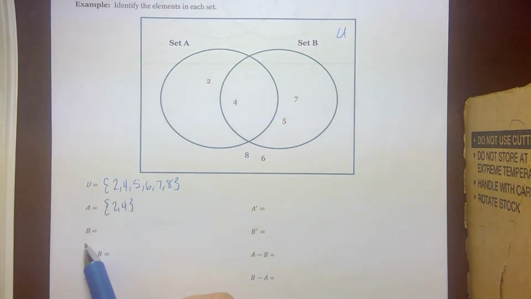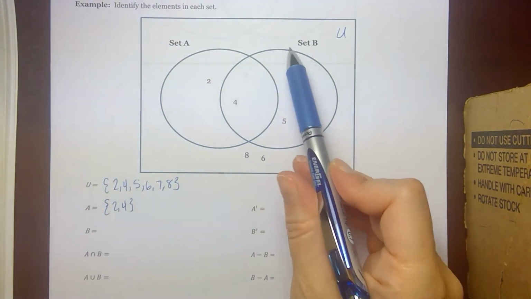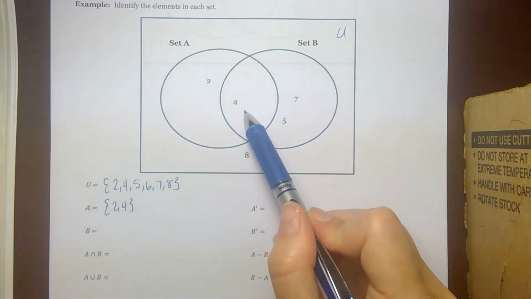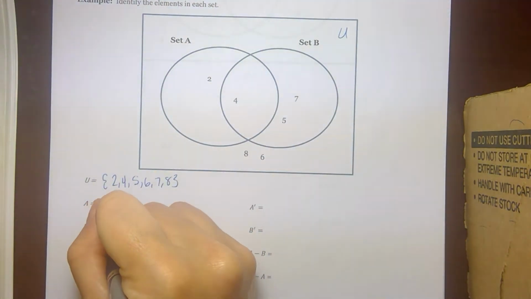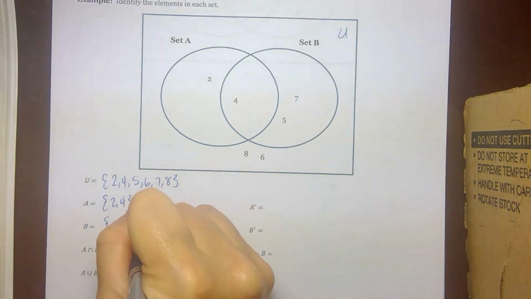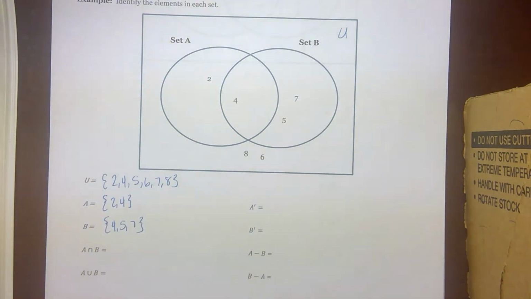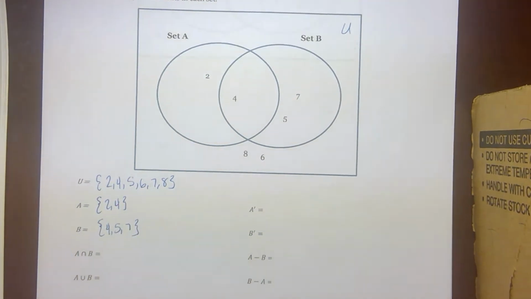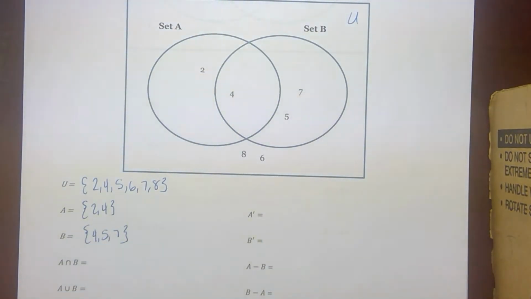The B loop, roster form, includes 3 different elements, 4, 5, and 7. I do have to include the fancy braces around my roster form or it is not correct. Make sure you include your fancy braces.